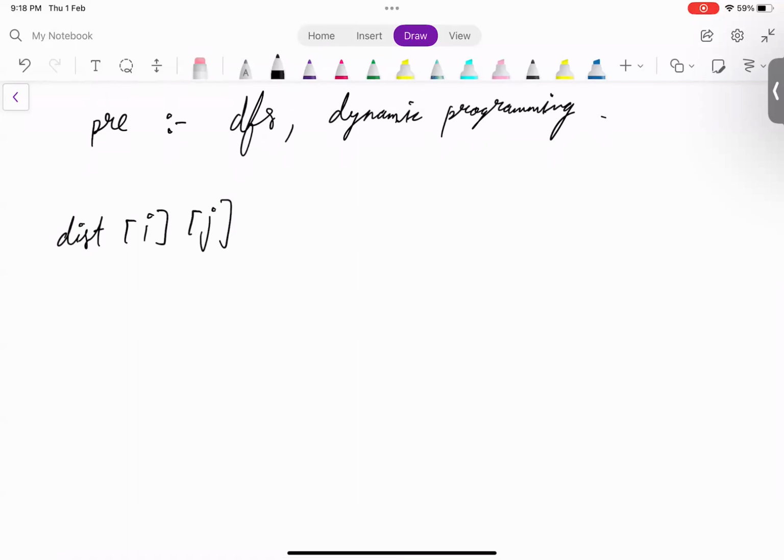This denotes the distance in the tree. We know that we are given a tree, and a tree will always have n-1 edges, and there won't be any cycle in the tree. So distance of i of j defines the distance from node i to node j.